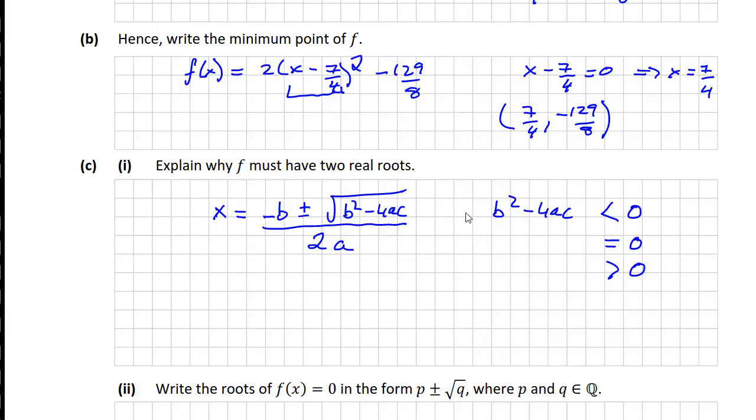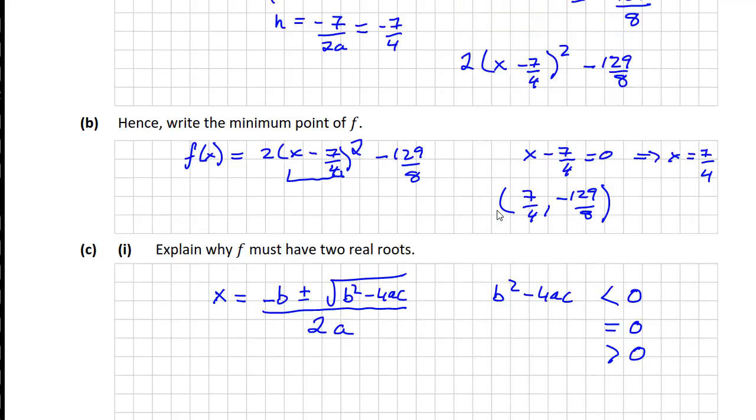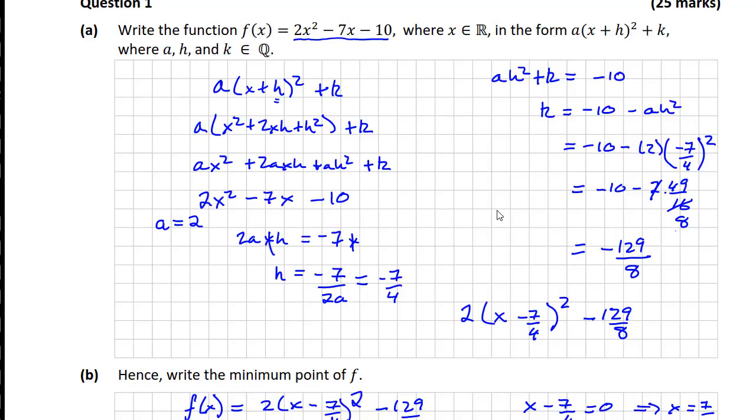So we want to show that if it must have two real roots, then b squared minus 4ac must be greater than 0. So b, I just check up here, is minus 7, and c is minus 10, and a is 2.